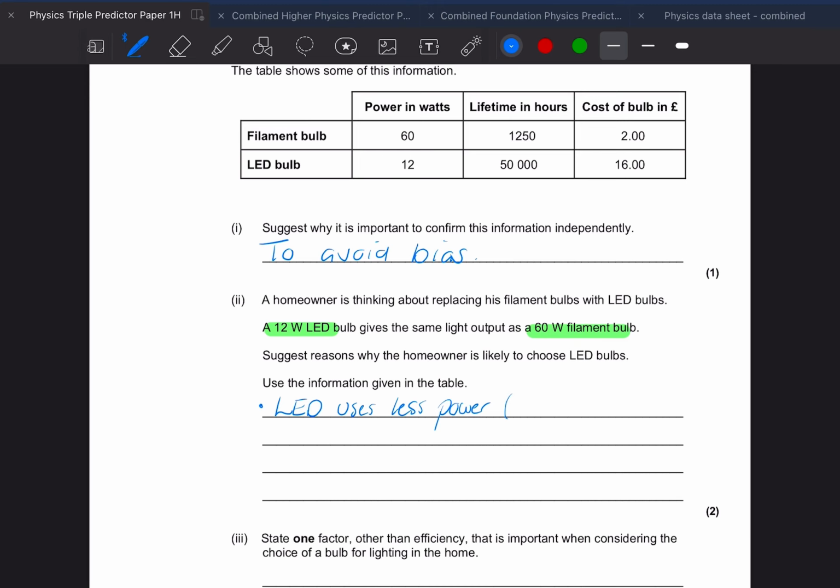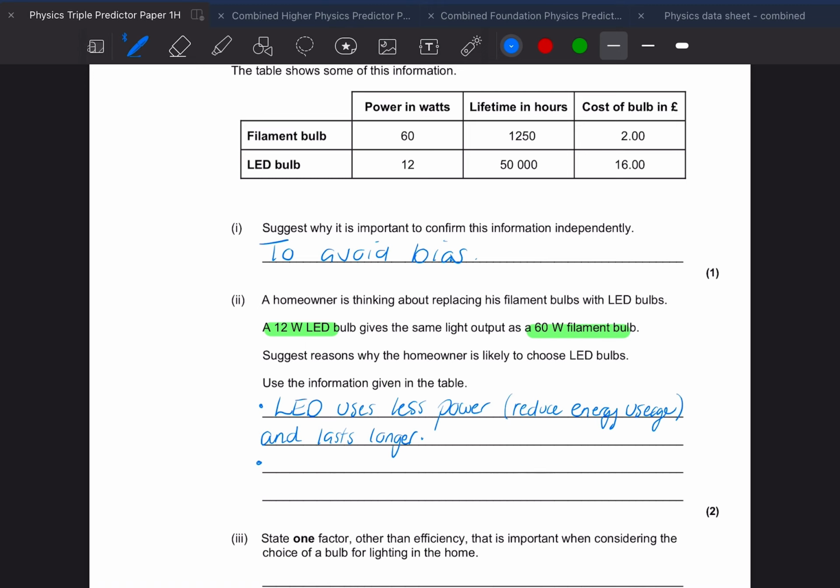It's because it's going to reduce energy usage and last longer. So there's the first point. I know there's 2 points in there. But the reason why I'm classing that as 1 is because I've got this whole column here on cost, and they wouldn't have put that in there if they didn't want me to use it. So I'm going to have to use that column.